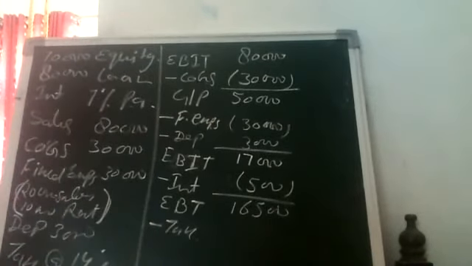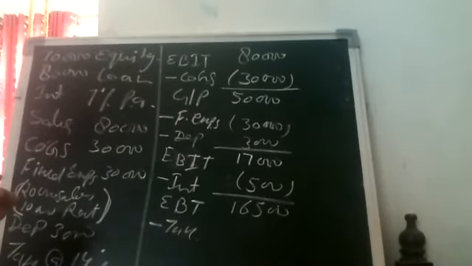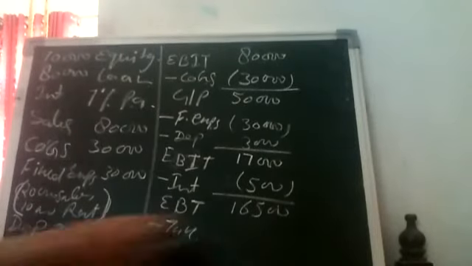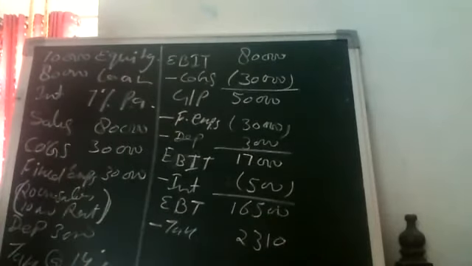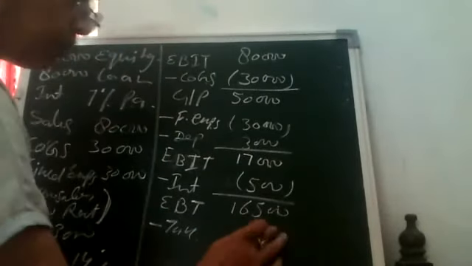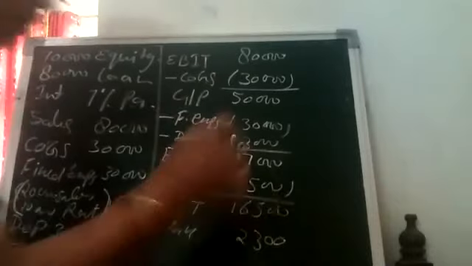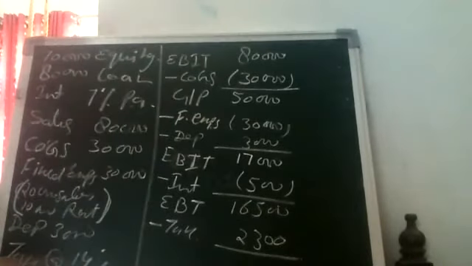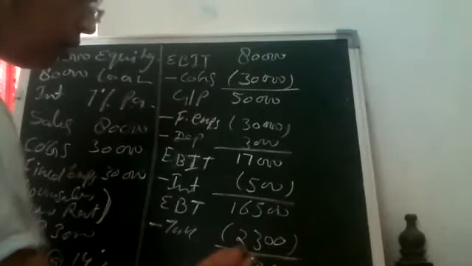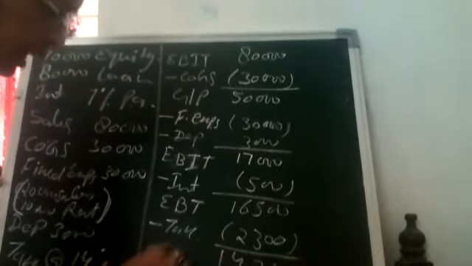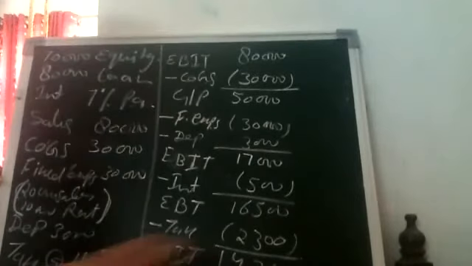Do the calculation again. 16,500 at 14% is 2310. Okay. So to make the calculation easy, we will take a round figure. This is tax deducted.